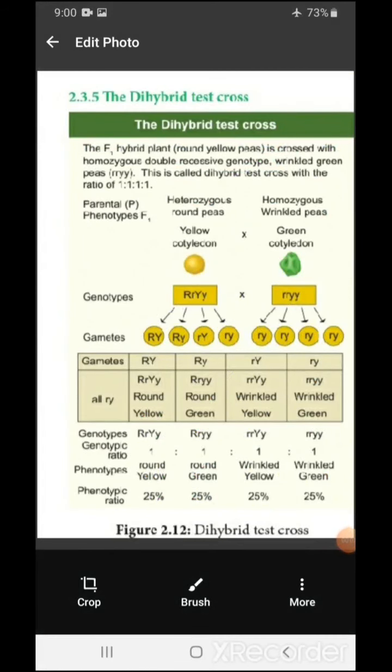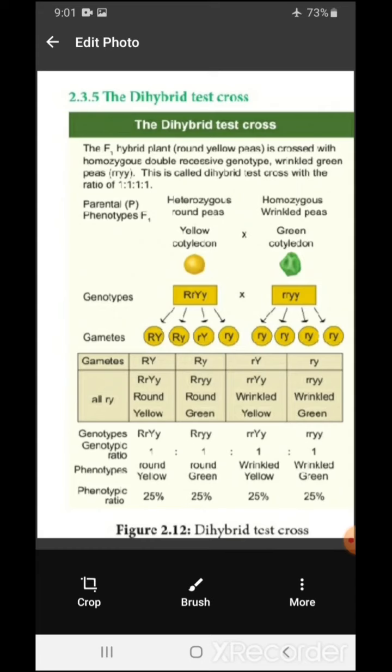Next one is the dihybrid test cross. Already we know what a test cross is. The unknown genotype of an individual crossed with the homozygous recessive is known as test cross, or otherwise the F1 hybrid crossed with recessive genotype is known as test cross.